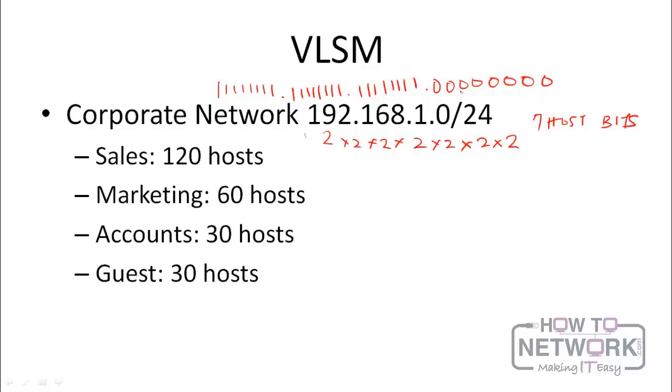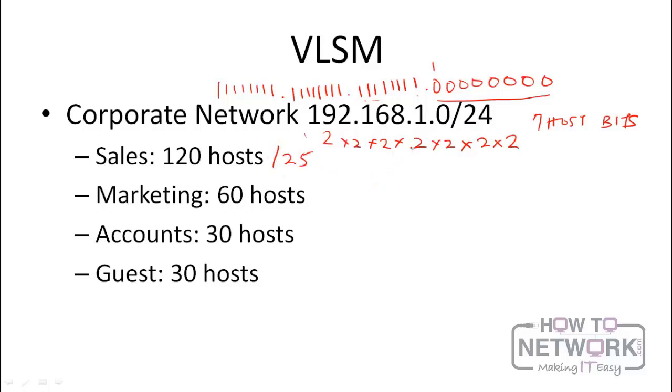If we want 7 host bits, currently we have 8 host bits, so one of these bits will become a network bit. And that means that our new subnet mask would be 11111111 dot 11111111 dot 11111111, and for the last octet, we have 10000000. So our subnet mask would go from being a /24 to a /25.